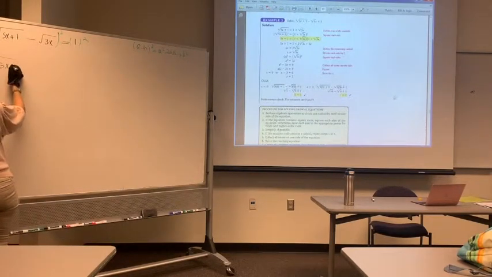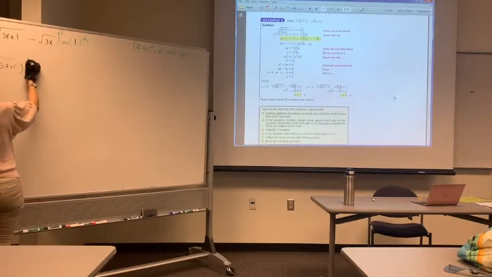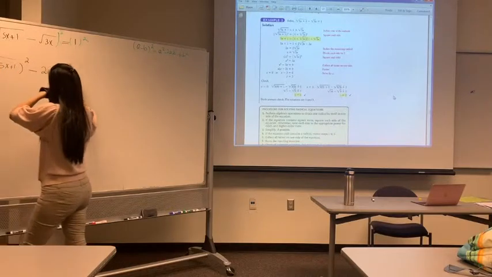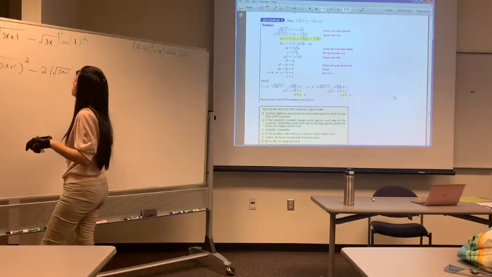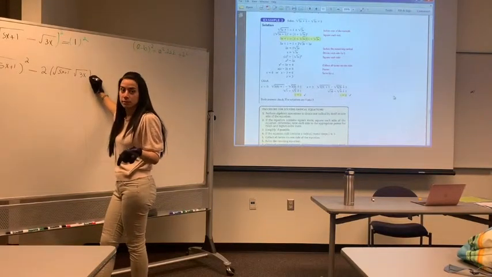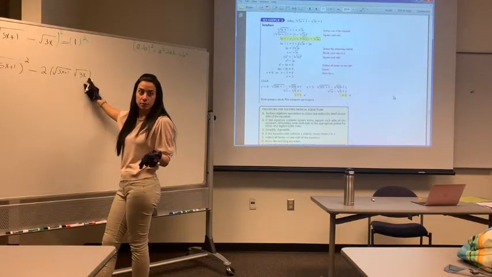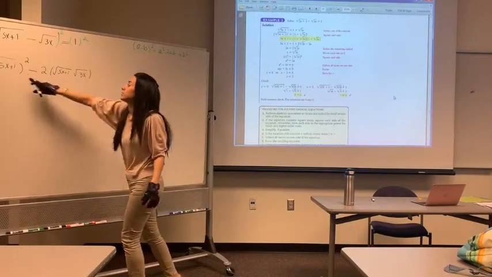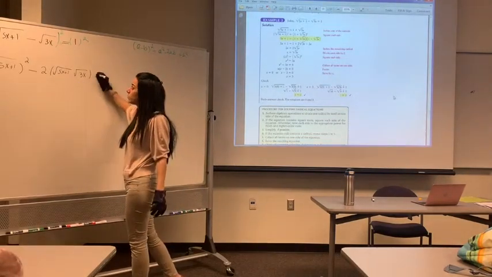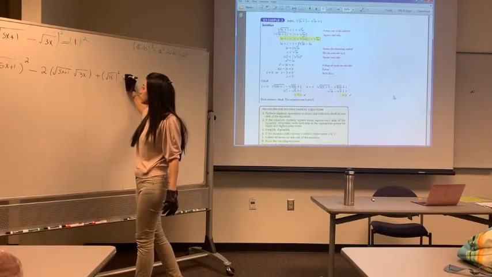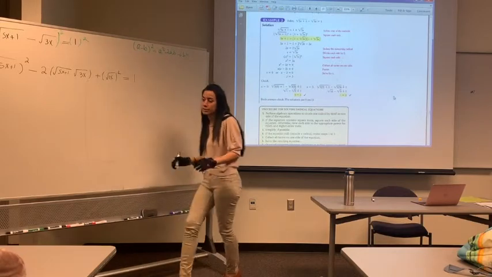Radical 5x plus 1 to the power 2 minus 2 times radical 5x plus 1 multiplied by radical 3x. Right? 2 times ab. A squared minus 2ab plus b squared equal to 1 squared, which is 1.